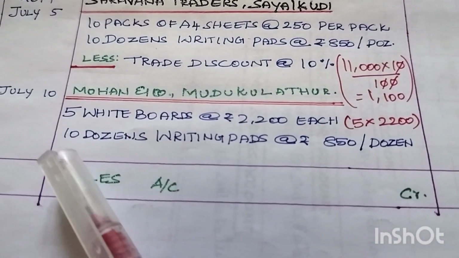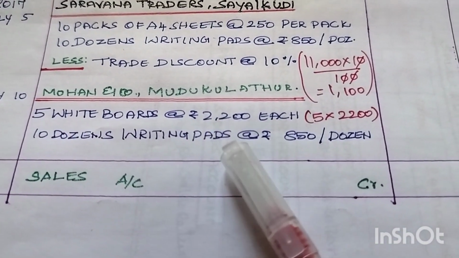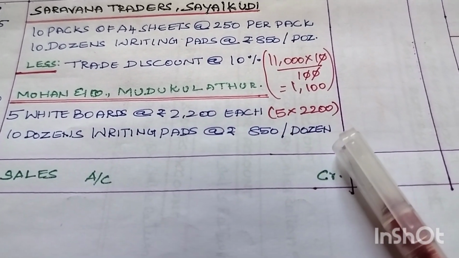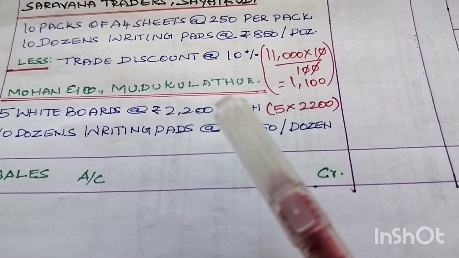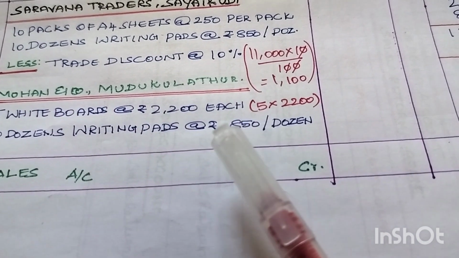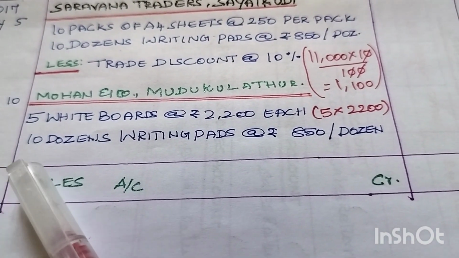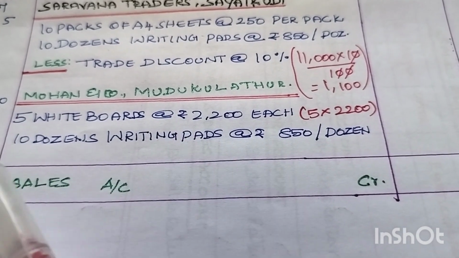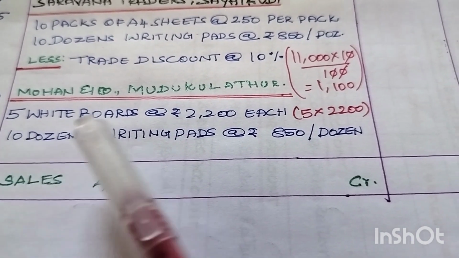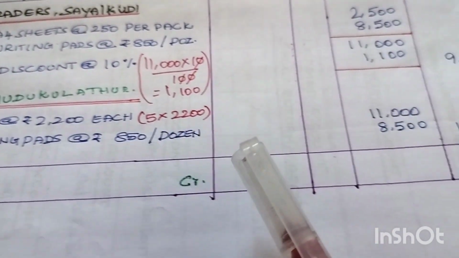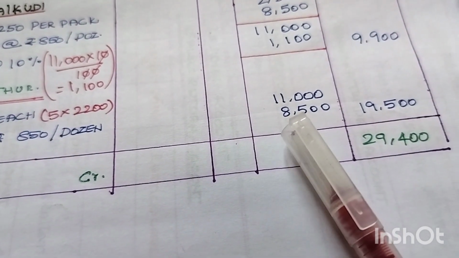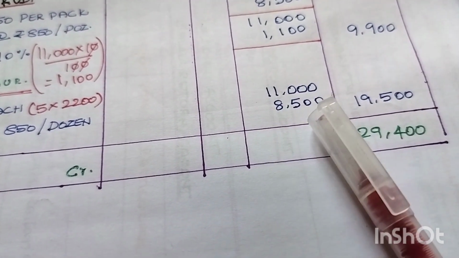Then 10 dozens of writing pads at rupees 850 per dozen. So per dozen writing pad is at the rate of rupees 850. How much for 10 dozen writing pads? You have to multiply 10 into 850. You will get 8,500.